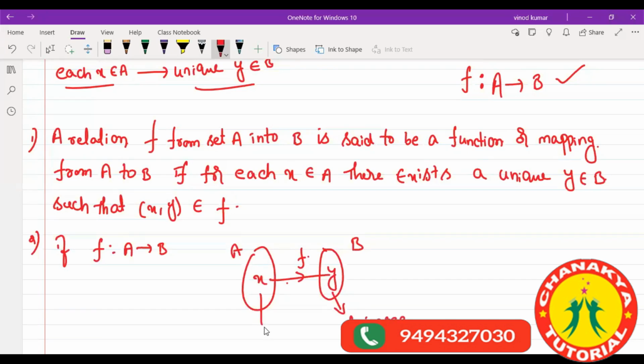Here x is called the F-inverse image or pre-image. Do you understand?